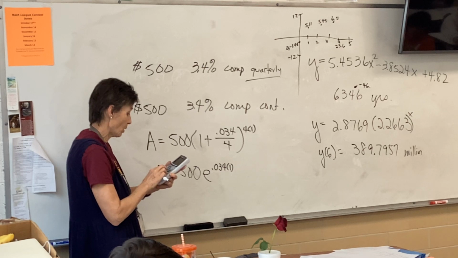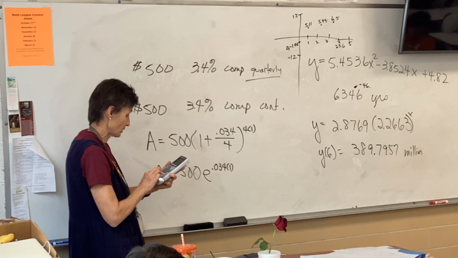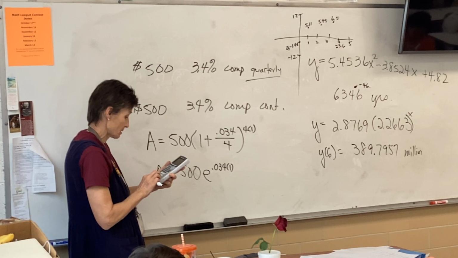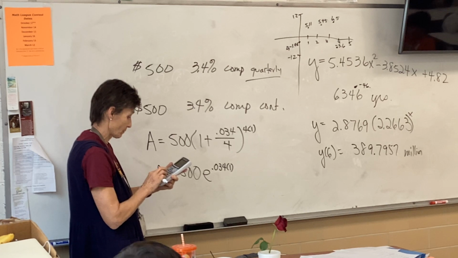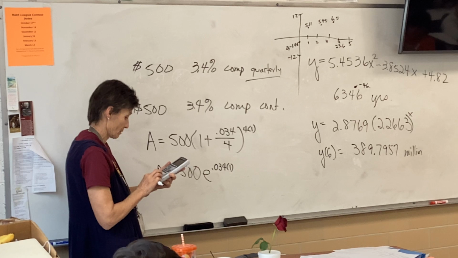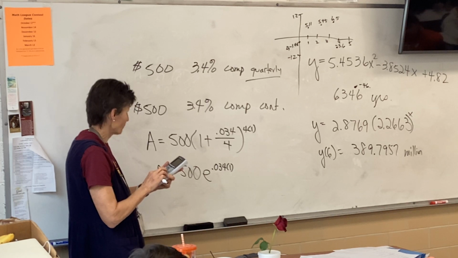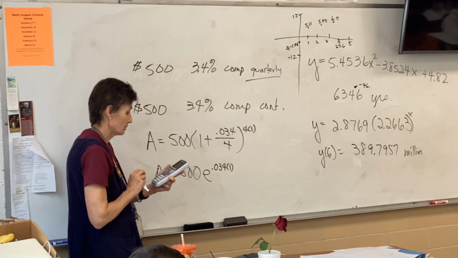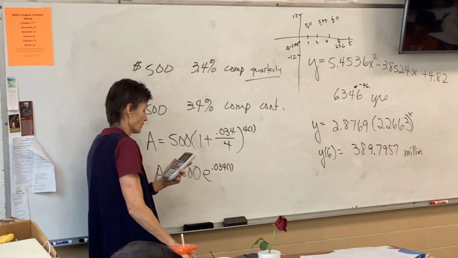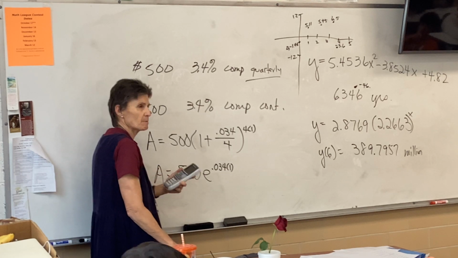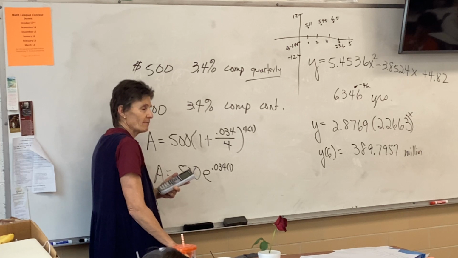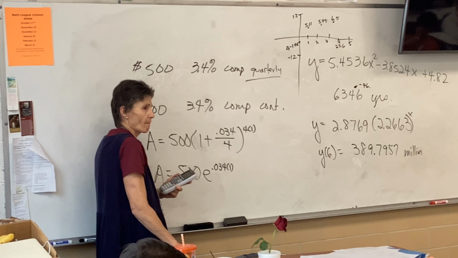I can do it all at once. I don't need to type them in individually. I can subtract. Oh gosh, in a year, not as much as I thought. Anybody have a difference?